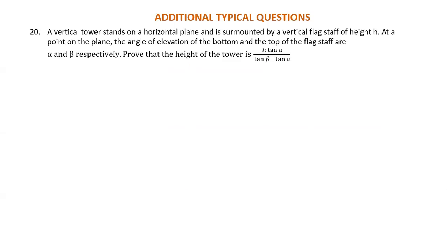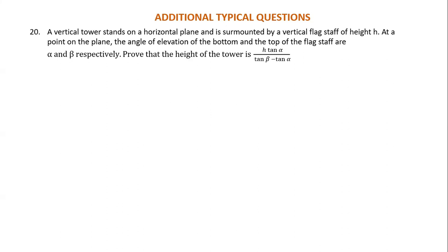Question 20. A vertical tower stands on a horizontal plane and is surmounted by a vertical flagstaff of height h. On the top of the tower, there is a flag of height h.